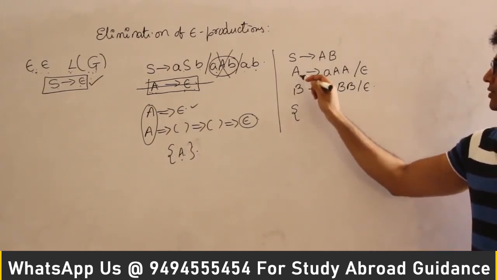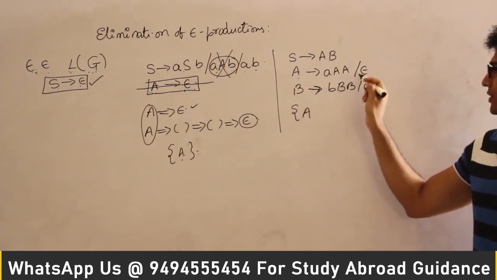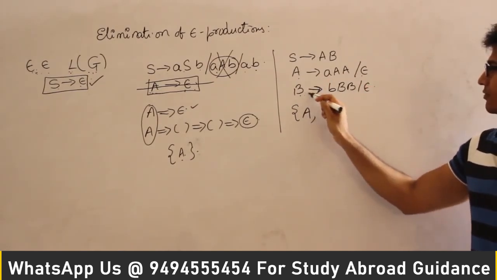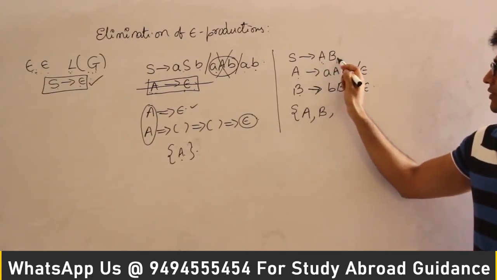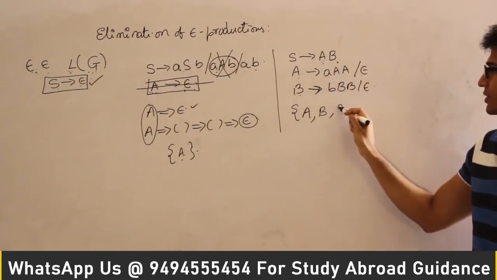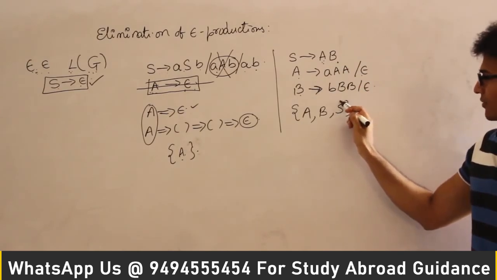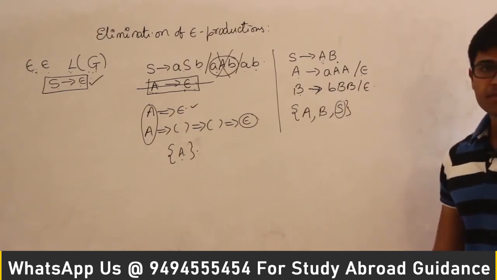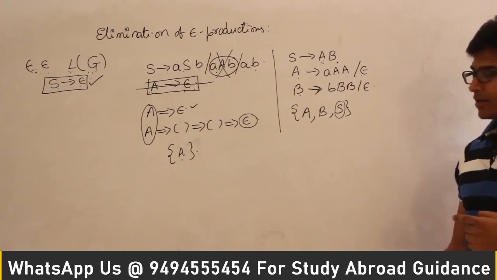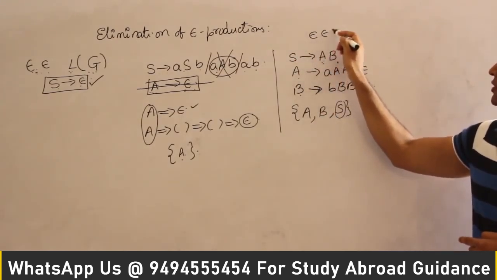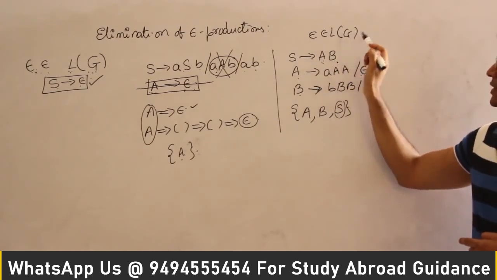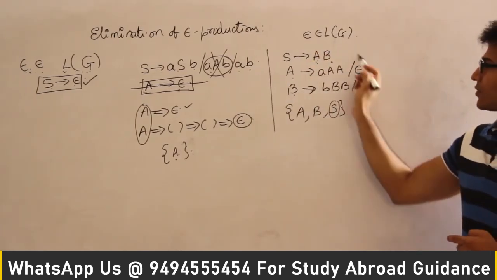So A is nullable, isn't it? Why? It is directly generating epsilon. B is nullable. Why? Because B is directly generating epsilon. Since A and B are nullable, if I put null here and null here, S is also nullable. Now whenever S is nullable, this dot symbol is nullable, it means that definitely S could generate epsilon, therefore epsilon belongs to this language. So in this language epsilon is present.